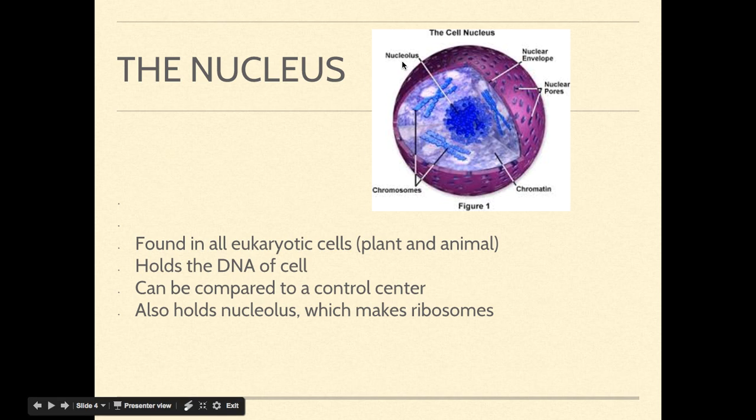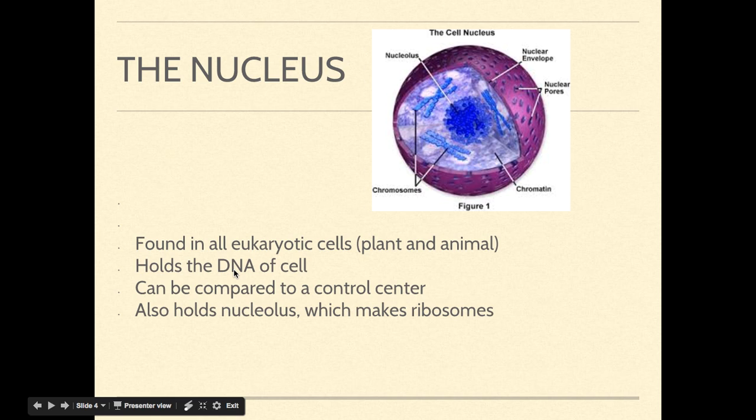That represents the nucleolus. We find a nucleus in all cells, not all cells, all eukaryotic cells. So remember, you are eukaryotic because we are part of the animal kingdom. Plants would also have this. This little structure is important because it holds the DNA of the cell.